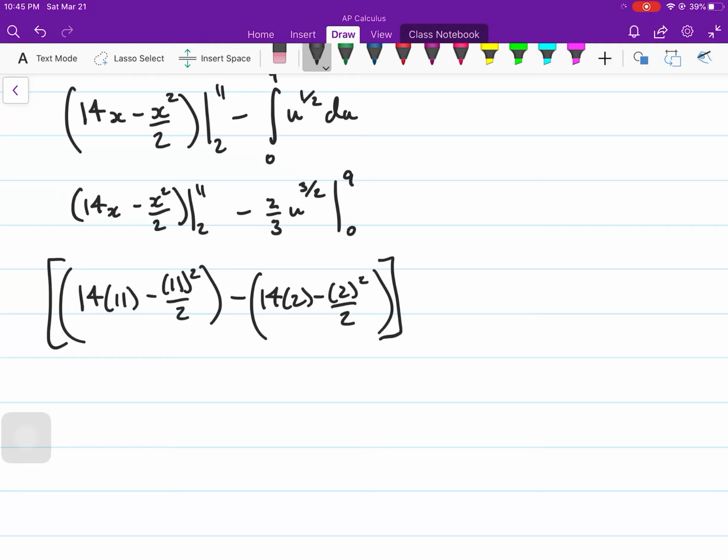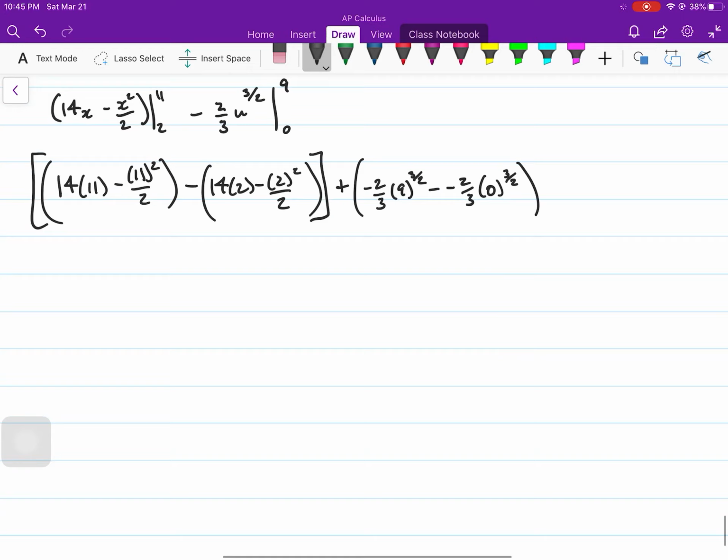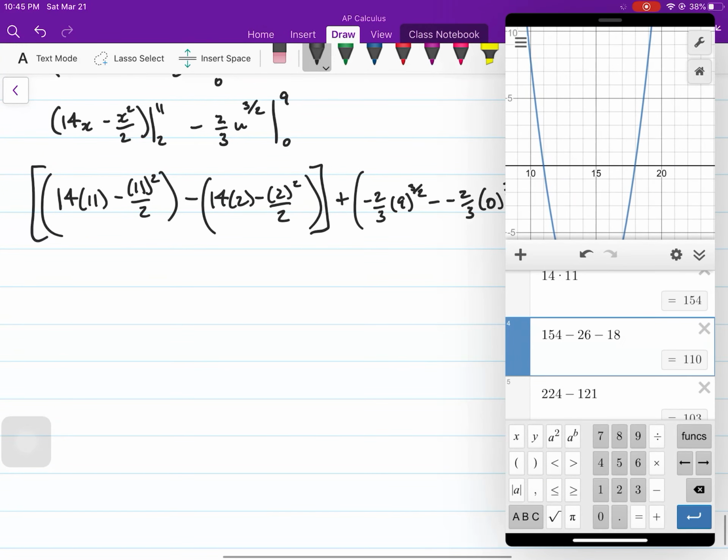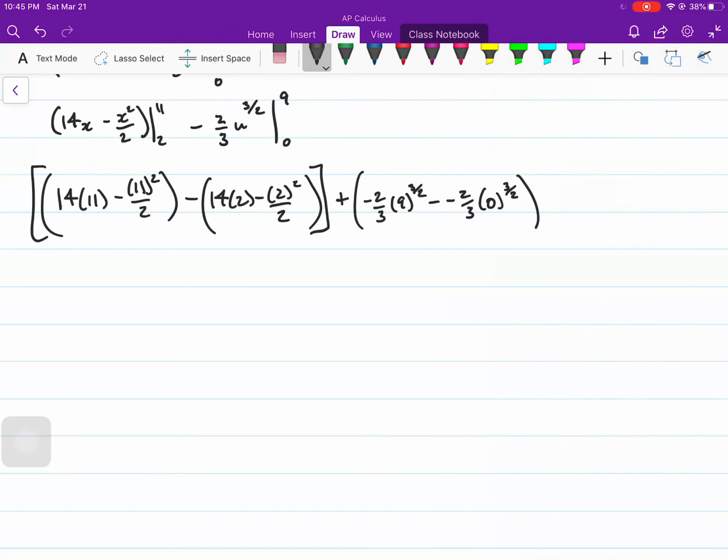And that, we're going to be basically adding to this here, which will be negative 2 over 3, 9 to the 3 halves, minus negative 2 over 3, 0 to the 3 halves. And so 14 times 11, I'm going to need a calculator for this. So 14 times 11 is 198 minus 121 over 2.